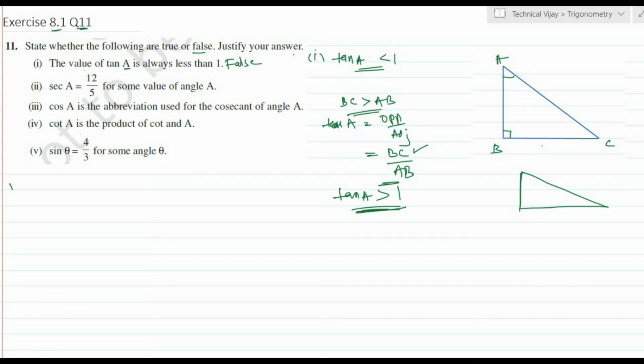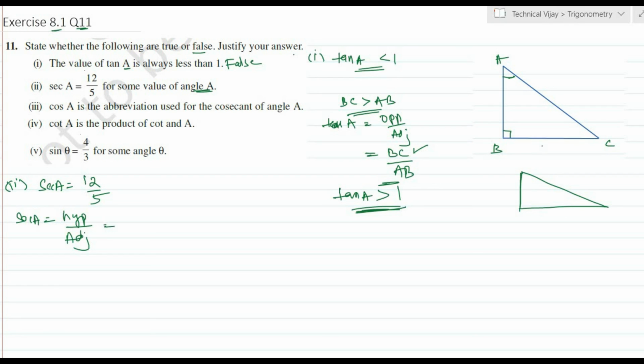Okay, the second one we will take: secant A is equal to 12 divided by 5. Is it possible? They are asking. Here for example this is A. The secant definition is equal to 1 by cos. Cos is adjacent by hypotenuse, which means secant is hypotenuse by adjacent.